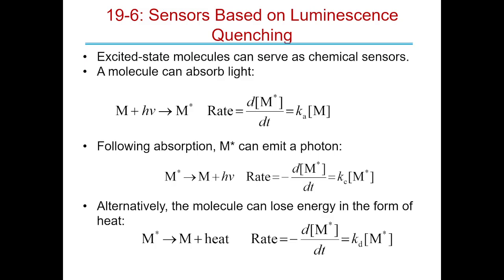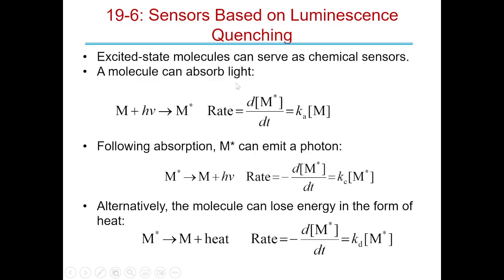There's luminescence, there's absorption, right? But there's also things that are like degradation and falling down from excited pathways. NMR is a type of degradation where you have an excited state you make and then it falls down over time, right? Okay. So excited state molecules can serve as chemical sensors.